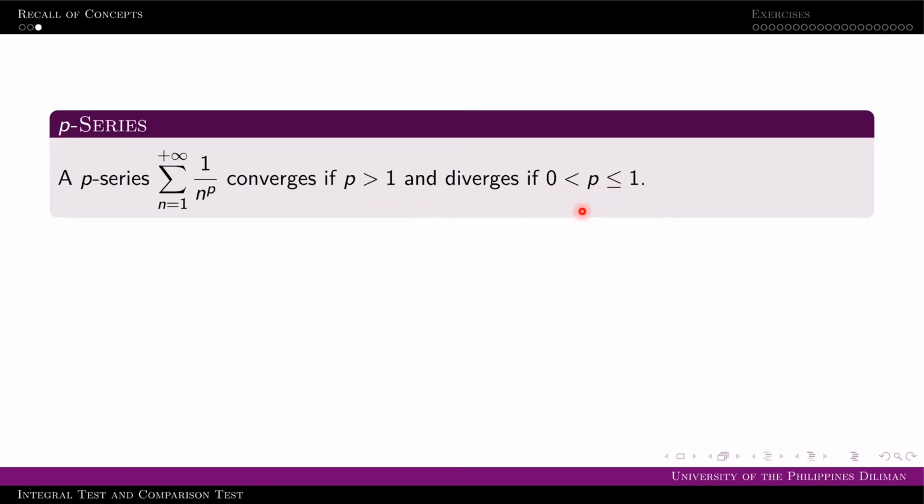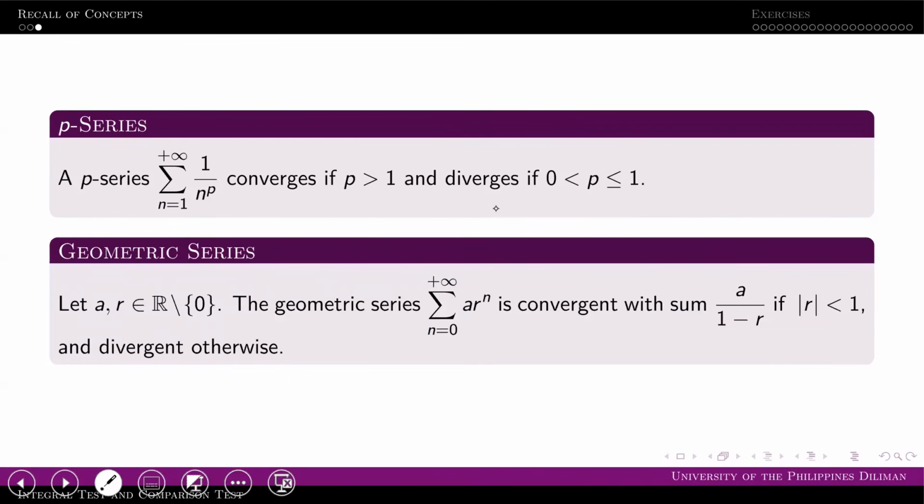Kapag si P equals sa 1, it gives us the harmonic series, which we know to diverge. Additionally, alam natin yung geometric series, where nagko-converge siya kapag yung absolute value ng ratio natin is strictly less than 1. Otherwise, divergent siya.